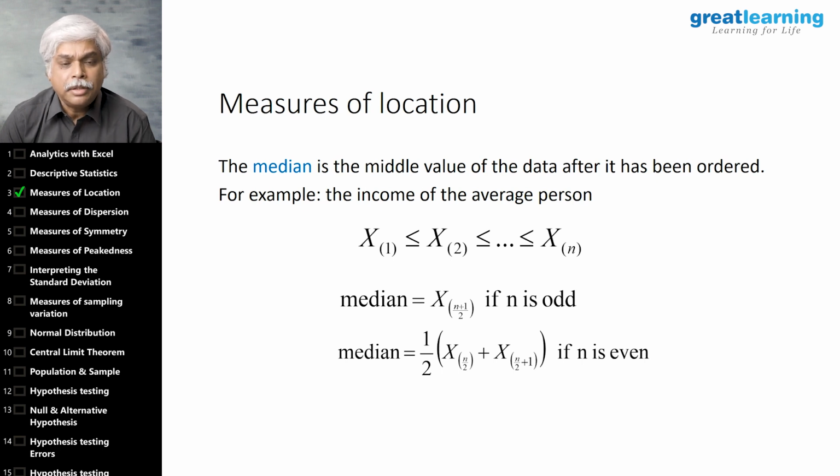It means arrange all the people from the poorest to the richest and identify the average person, which means the person in the middle, and then simply read off the income of the average person or the person in the middle. Half the people are richer than the median person and half are poorer.